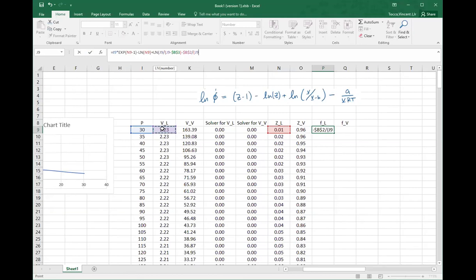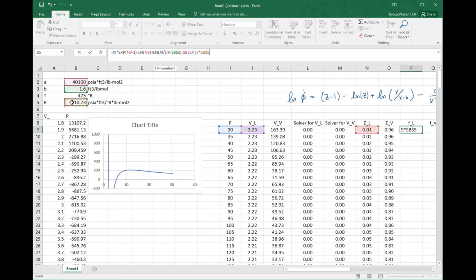I'm doing my best. Times R times T. Now I got to close out all the parentheses. Oh, no, I made a mistake there. The ln has to be closed out. I really like how Excel color codes these parentheses for you. It helps you make sure, double checking. Let's see, where's my red parentheses?